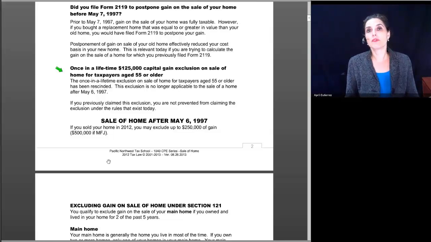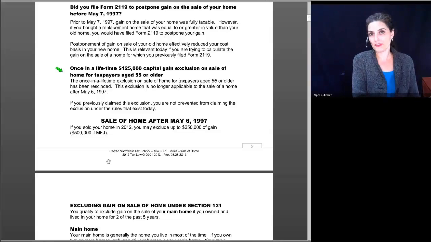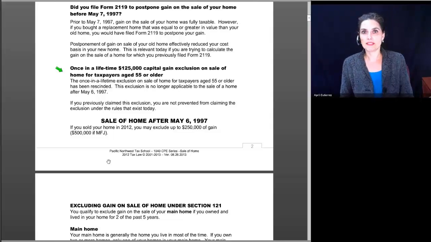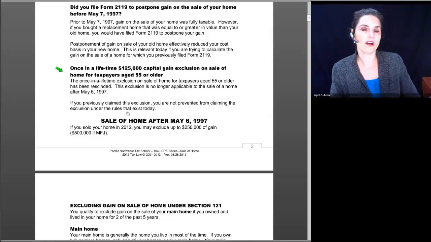The new home costs more than the sales price of the old home, and therefore I'm able to defer my gain on the sale of the old home. But that deferral of gain reduces my basis in the new home. So if the purchase price of the new home is $250,000, but I exclude or defer $100,000 of gain on the sale of the old home, then it really means my basis in the new home is $150,000.